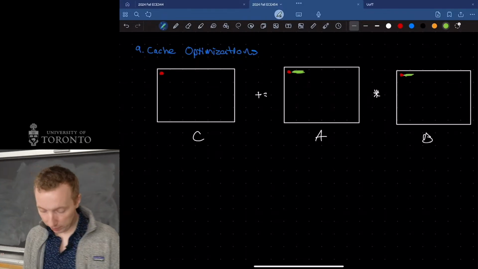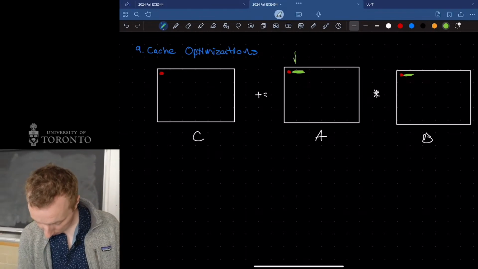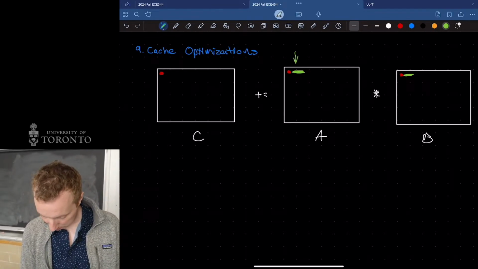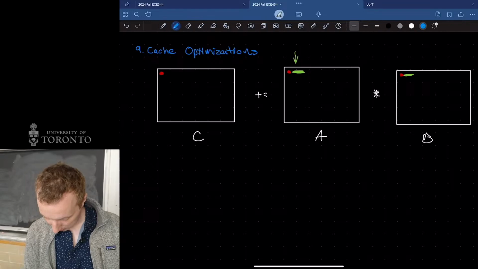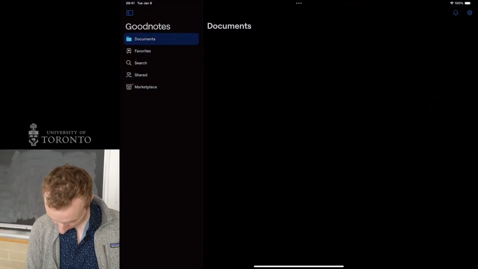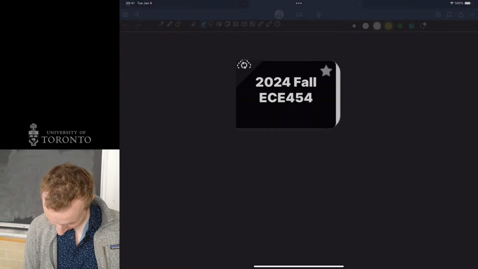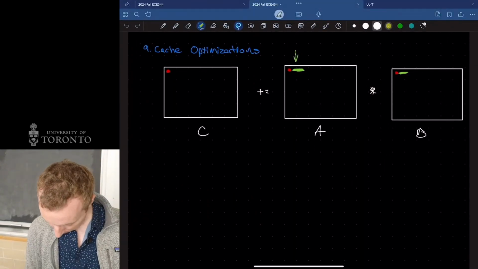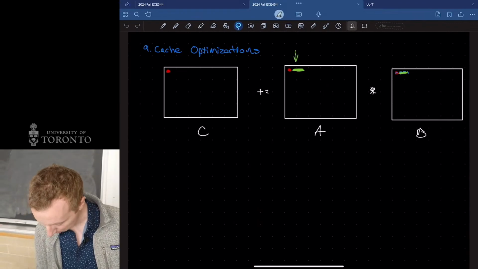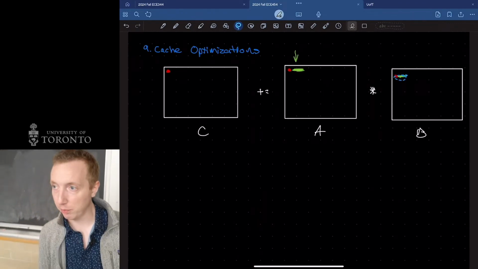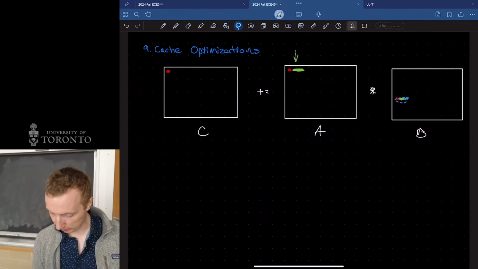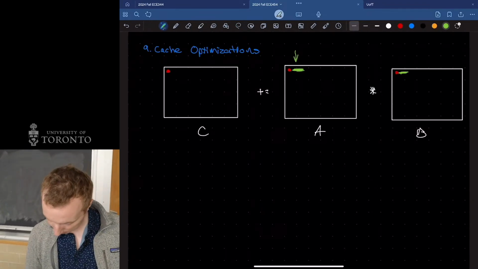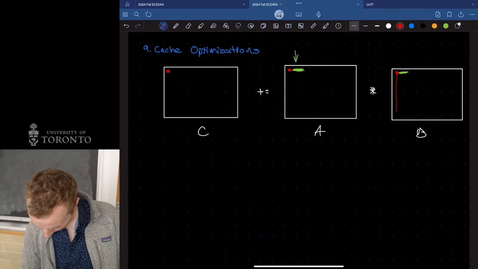And then next iteration, well, this one would be a hit, but this one in matrix B, like before, would be a miss, and we'd have a miss every single time we access the column. So essentially, we would have something that looks like this.